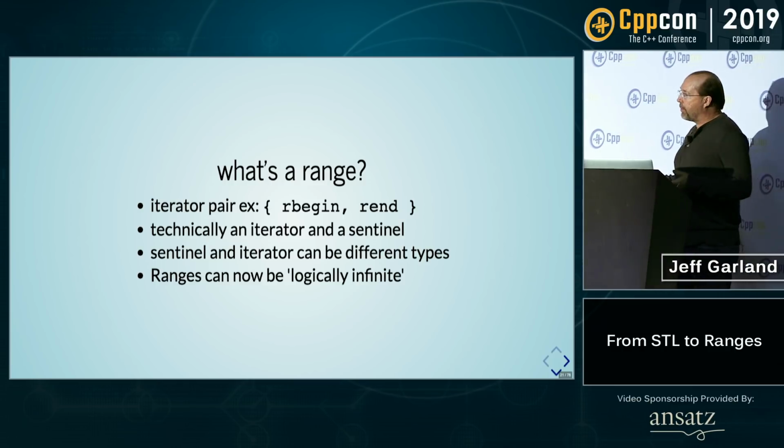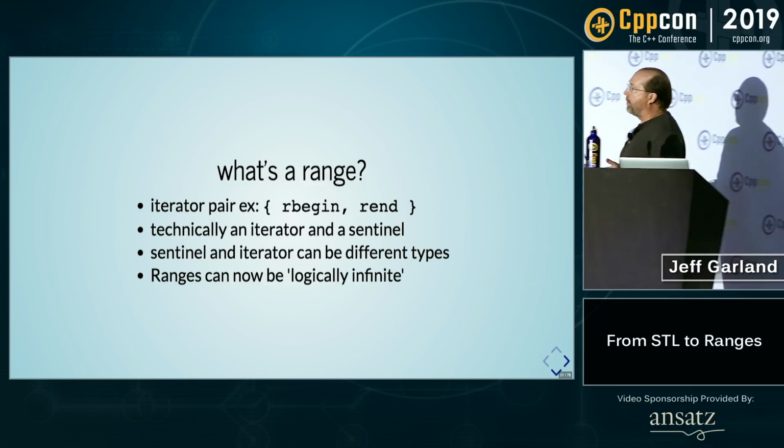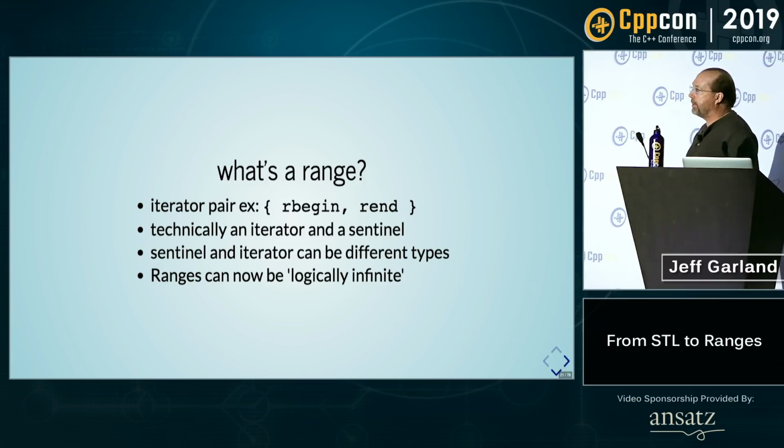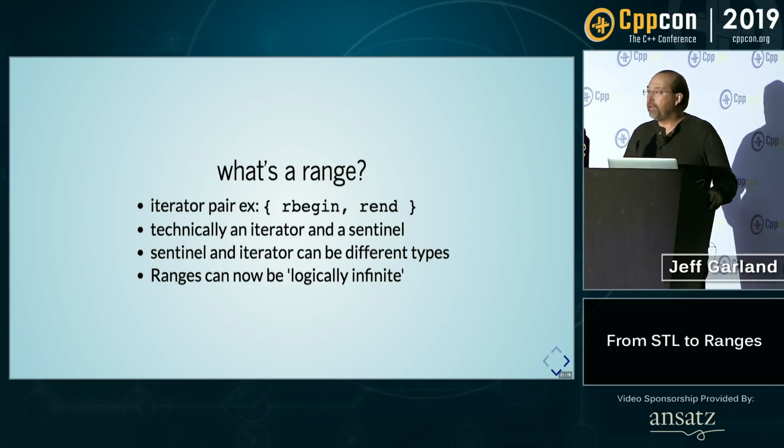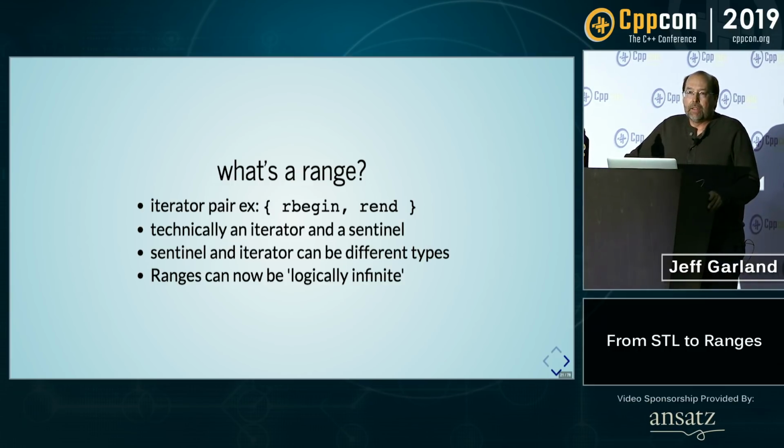In other words, the end of the range can be a different type from the iterator as long as they can compare to each other. And this gives us some interesting properties now where ranges, and in particular views, can be logically infinite. Channeling Andre, we're always going to have infinite for loops and infinite ranges going forward.